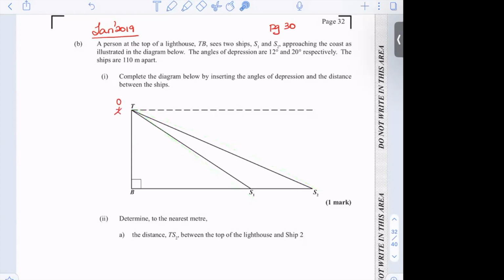So this is the angle of depression, 12 degrees and 20 degrees, respectively. So the first angle is 12 degrees, and the bigger angle is 20.